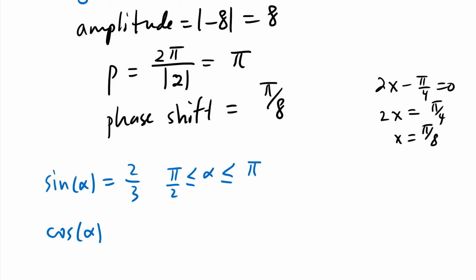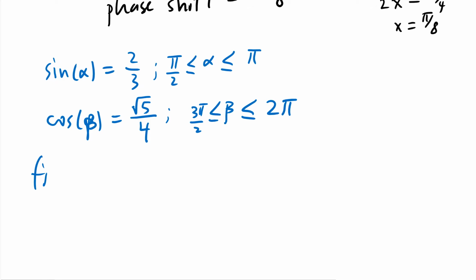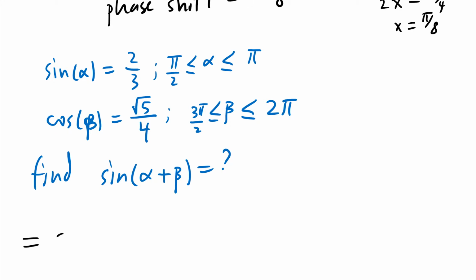Cosine beta is, let's say, square root of 5 over 4, and beta is in the fourth quadrant, 3 pi over 2 to 2 pi, and they ask us to find, let's say, sine alpha plus beta. So sine alpha plus beta has a formula: sine cosine plus cosine sine.